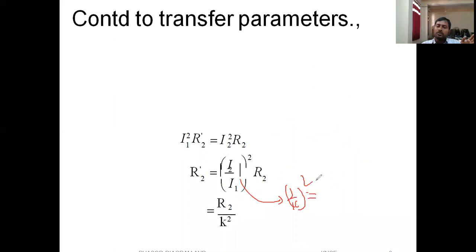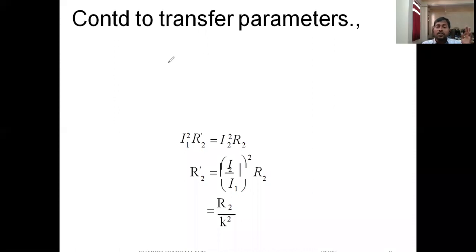So it is equal to 1 by K whole square into R2, which is R2 by K square. Simply, R2 dash is equal to R2 by K square.